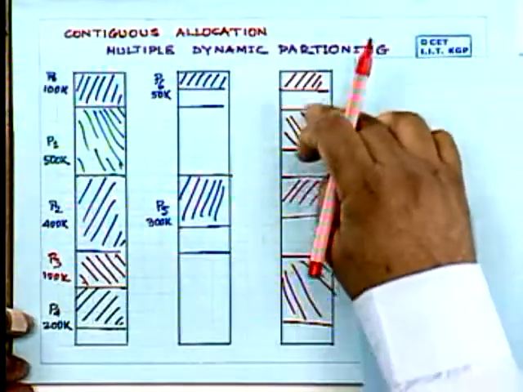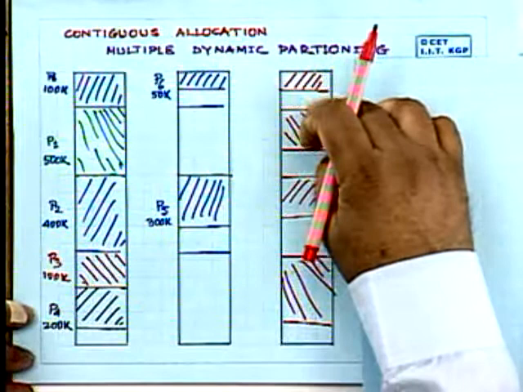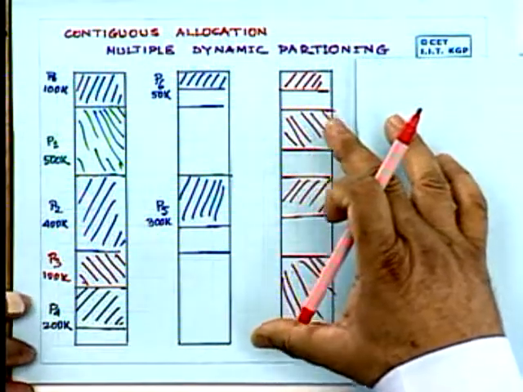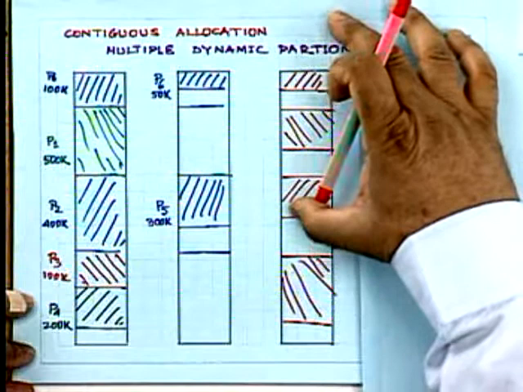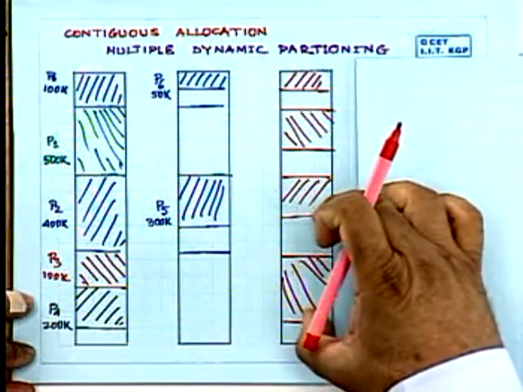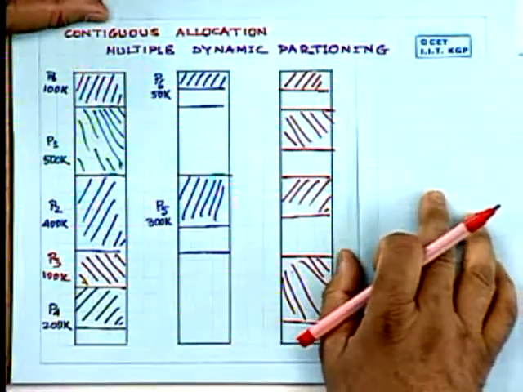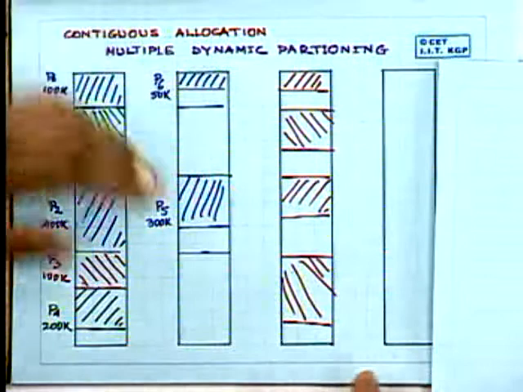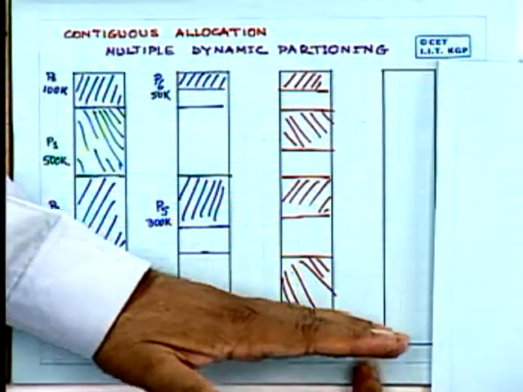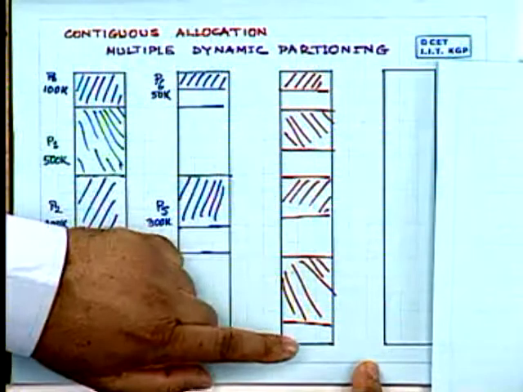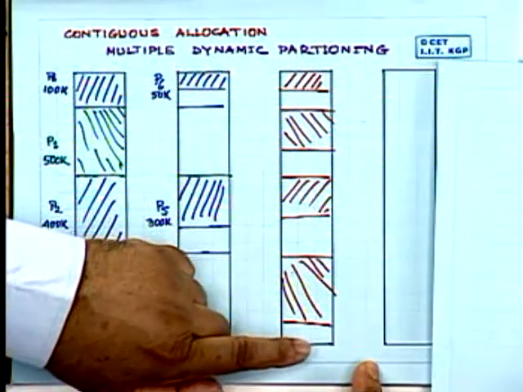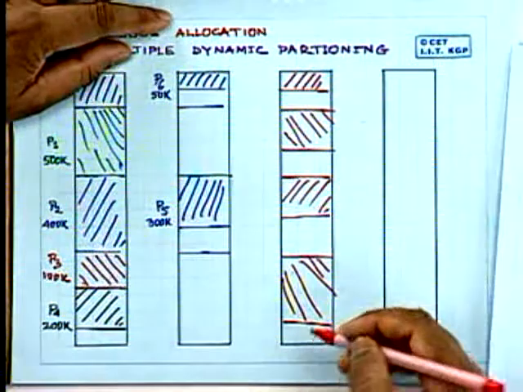What can be done about it is this: we can try to utilize the entire free memory by putting all the occupied areas at one place and the free areas at the end of the entire memory space. That is compaction. Compaction means we start pushing all the programs to one side of the memory and create the free area at the other side.